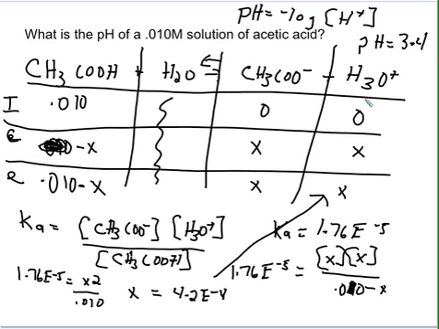Okay, that's how to do it for a strong acid and a weak acid. Notice the difference. With the weak acid, you have to use an ice table and the Ka expression, whereas with a strong acid, you can just take the molarity of your solution and plug that in for H plus. That's it.